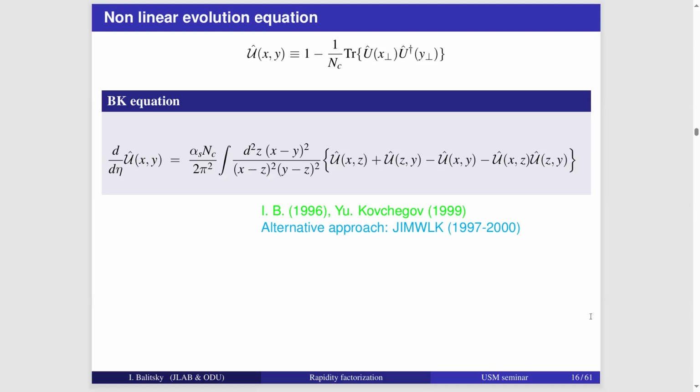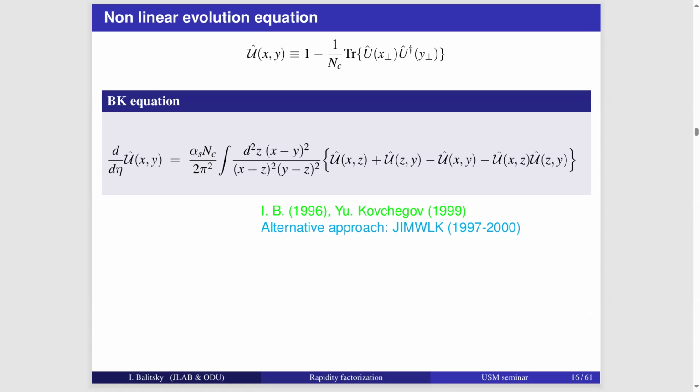Let me mention it was derived first by me, but I should confess I didn't realize the power of this equation. Yuri Kovchegov derived it three years later and recognized the power. An alternative approach goes by the name JIMWLK. They talk not about evolution of the projectile, but about evolution of the wave function of the target.